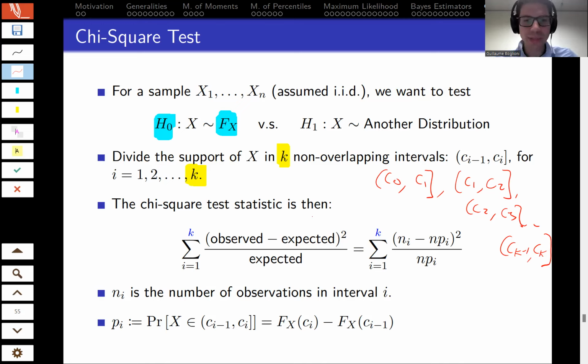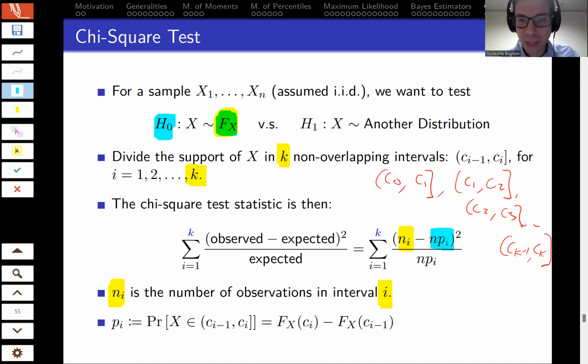Now, the chi-square test statistic is this. That's what you compute, and if it's big, you're going to reject H0. You take the number of actually observed observations in each interval, which we'll call Ni, the number of observations in interval i, minus what you expect under H0. Under the null hypothesis that the distribution is whatever this is, how many observations do you expect?